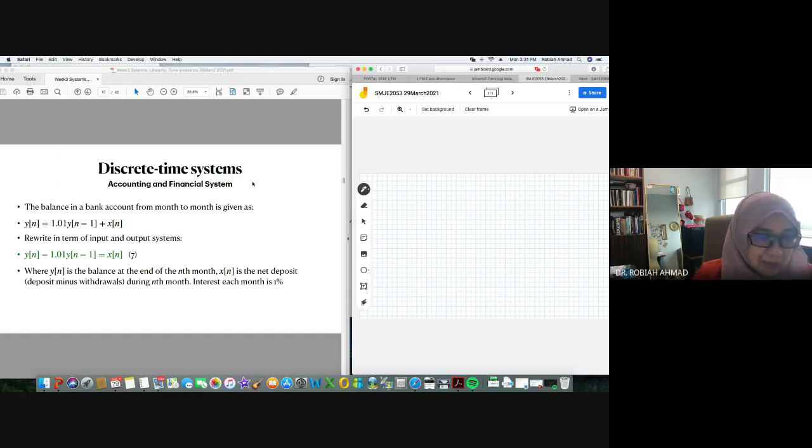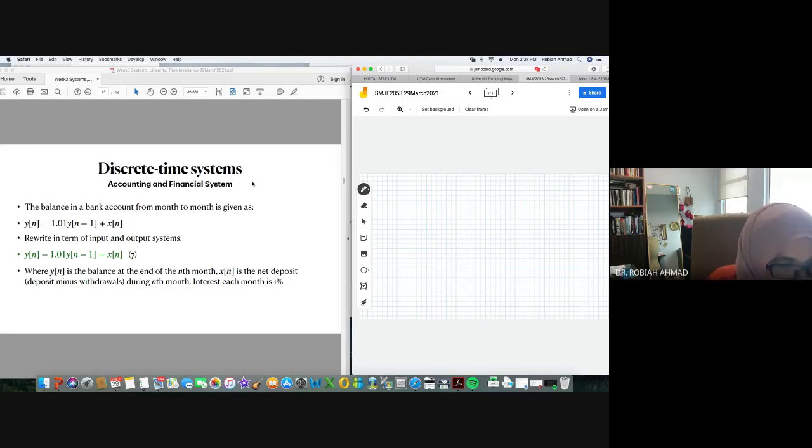Let's say we have a bank account and the balance is given as in the equation: y[n], the output, equals 1.01 y[n-1] plus x[n].